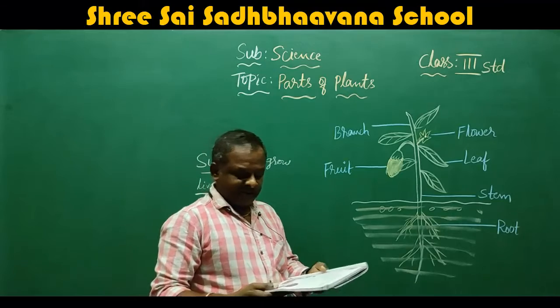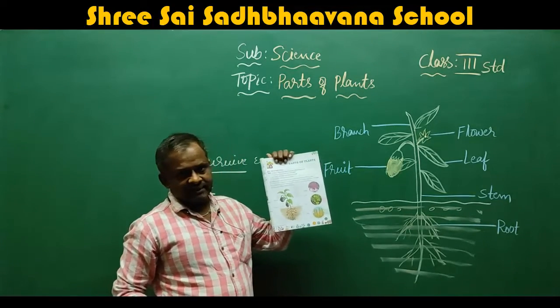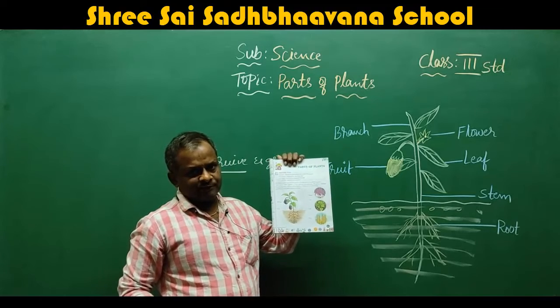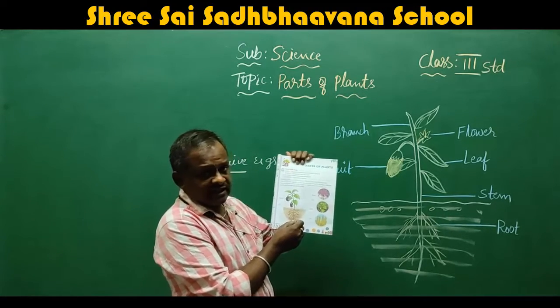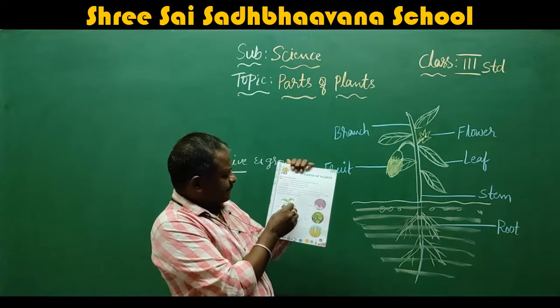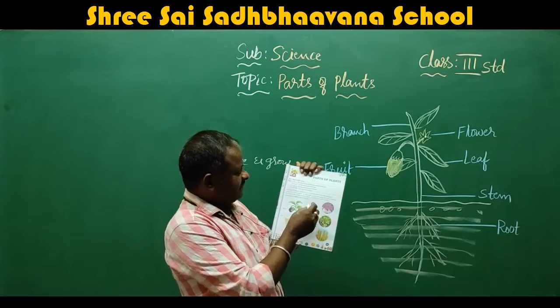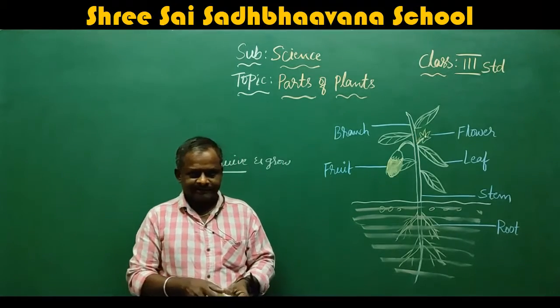These are the main parts of the plant. Here on page number 21, they have given the picture clearly. Just look at the textbook. First one is root, which grows under the ground. Second one is stem, then fruit, branch, leaf, and flower. These are the main parts of the plant.